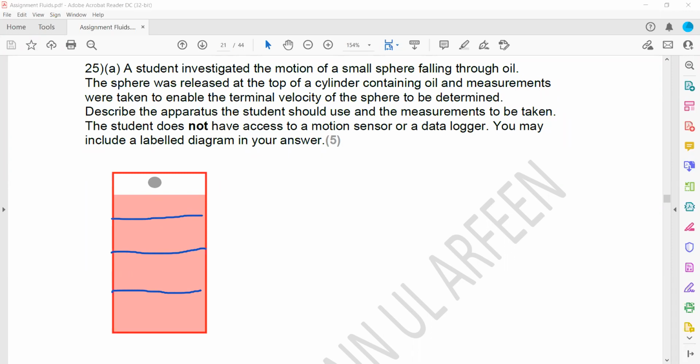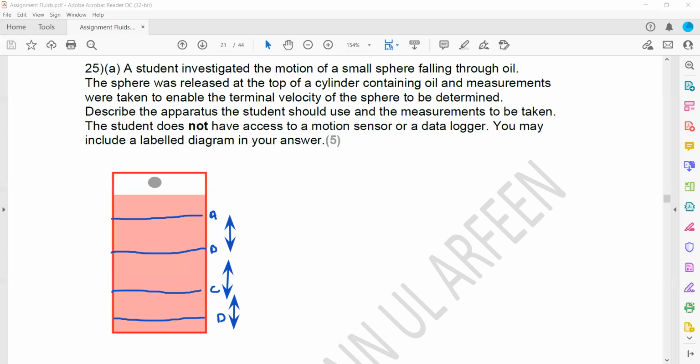Basically, if I say this is marker A, marker B, marker C, and then there is marker D, what we do is measure using a meter rule. We can measure the distance between the markers, and we try to keep this distance the same, like the distance between markers A and B same as B and C, and BC same as C and D.